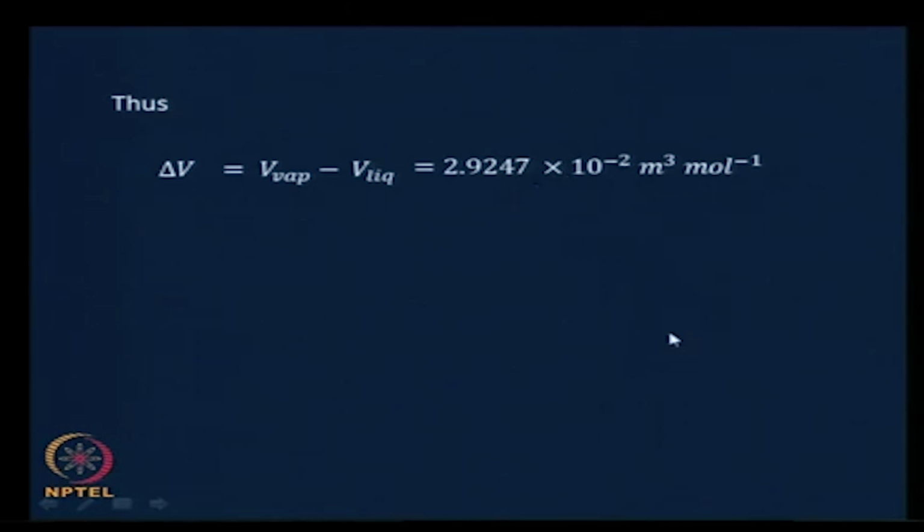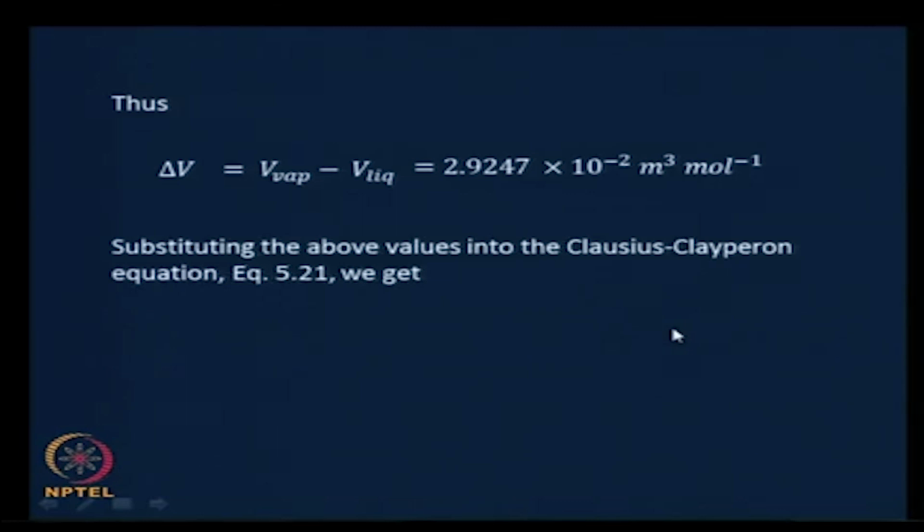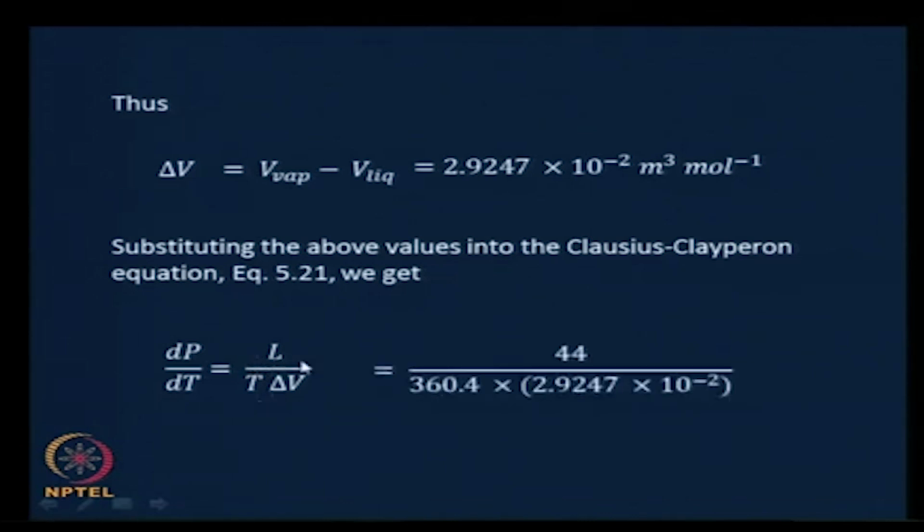This was the only thing that was needed for us to get dP/dT, and we substitute this: dP/dT equals L by T delta V. L was 44 given earlier, T is 360.4 the temperature of interest, and delta V is 2.9247 into 10 power minus 2, we get 4.174 Pascal per Kelvin.